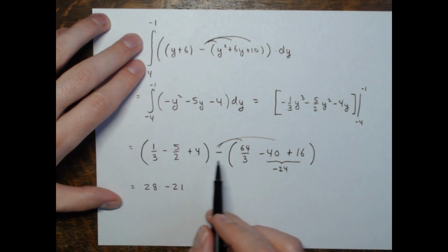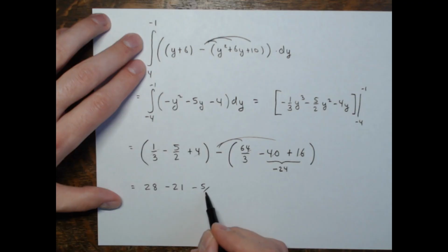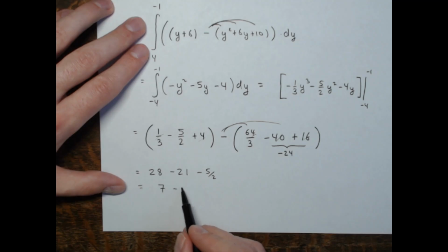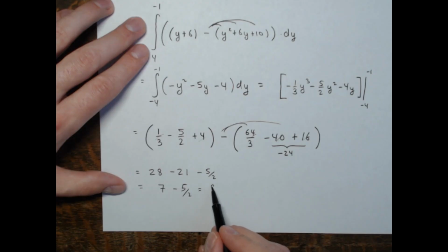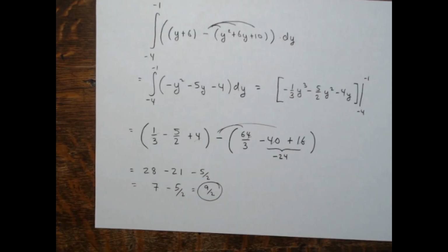And that really takes care of this, and this, and this, and this, and this. And then I got minus 5 halves still out front here. So this is 7 minus 5 halves. That's 14 halves minus 5 halves for 9 halves. All right. So 4.5, 9 halves should be the area.